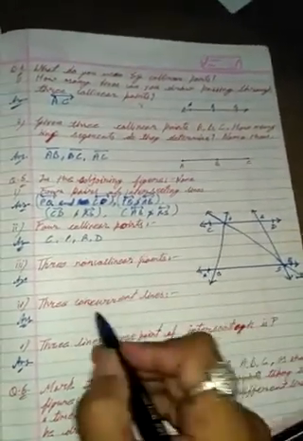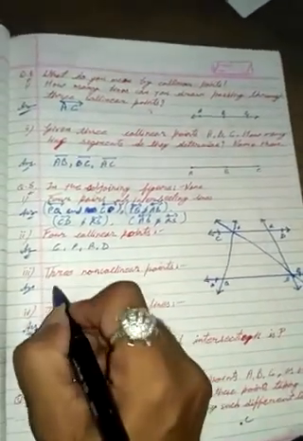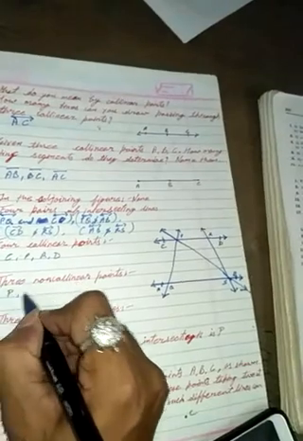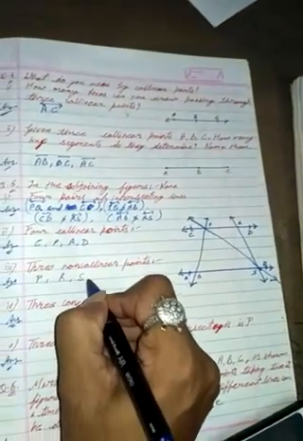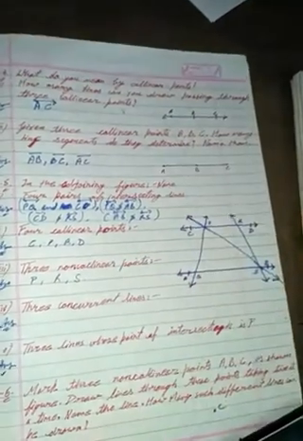Now I am writing here any three. I am taking P, R and S. Okay.